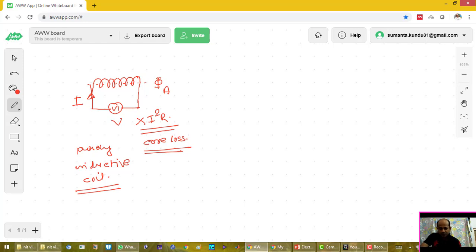We don't have to represent it through any resistance. If we draw the equivalent circuit, it will be like this.